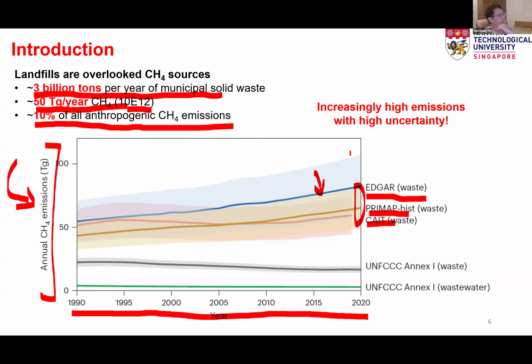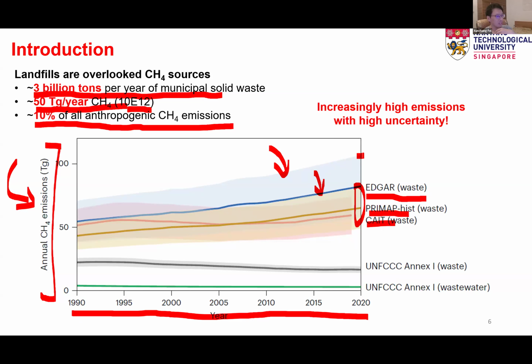Then I realized, okay, if I plot the uncertainty range, for example, if we look at this blue curve here, the uncertainty range is reported by this database. By the way, this EDGAR database, I think, is also supported by the United Nations. So they show that the total amount of methane emission from waste is a bit more than 50 Tg per year, right?